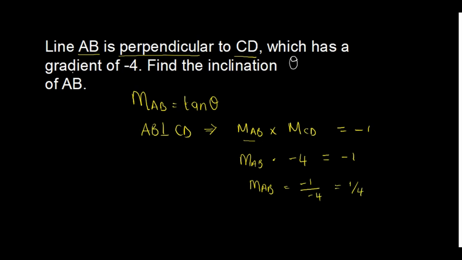So the gradient of AB is 1/4, and therefore we know that the gradient of AB is also equal to the tan of theta.